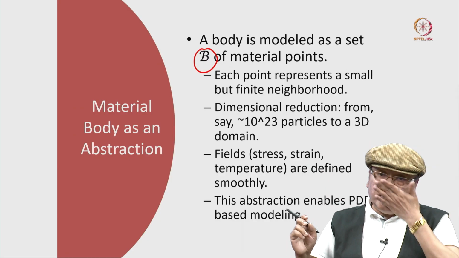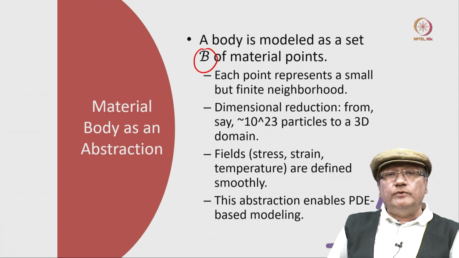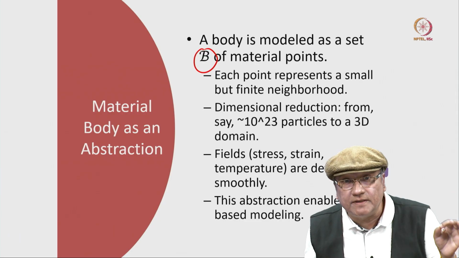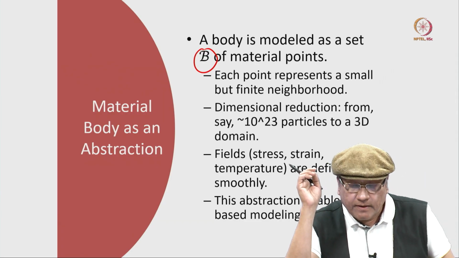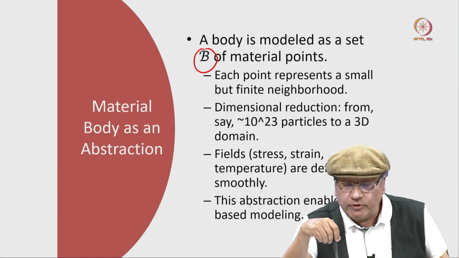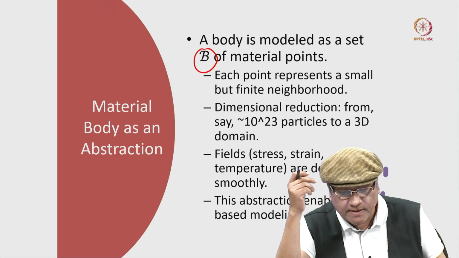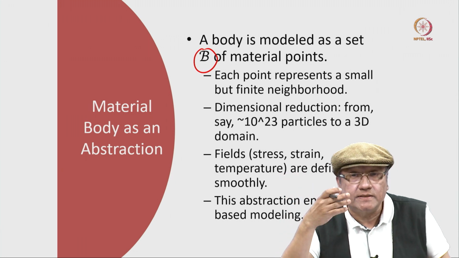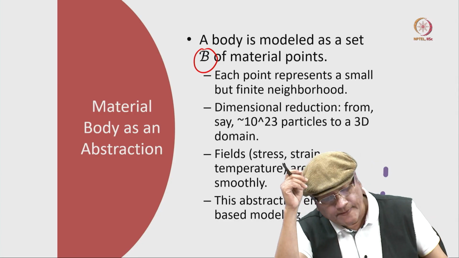So essentially, when you talk of a material point, we are also interested in a small, infinitesimal or finite, neighborhood about this point. Right. So, this leads to a dimensional reduction. For example, instead of about 10 to the power 23 particles in the actual microscopic 3D domain, you will have just about hundreds or thousands of degrees of freedom. That sort of a reduction.